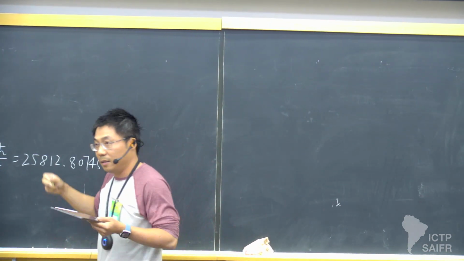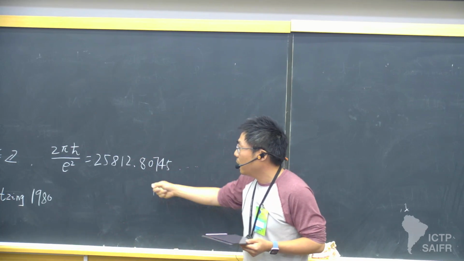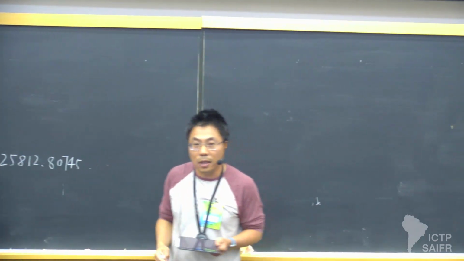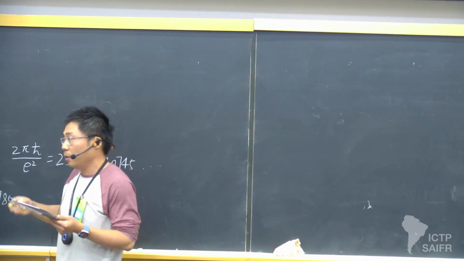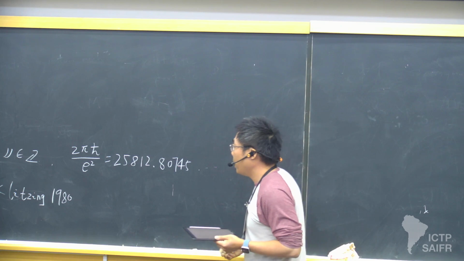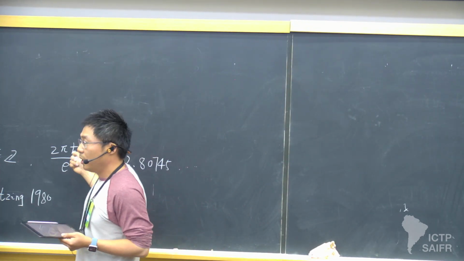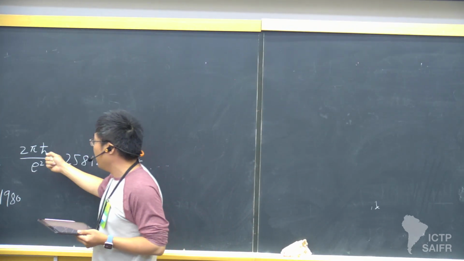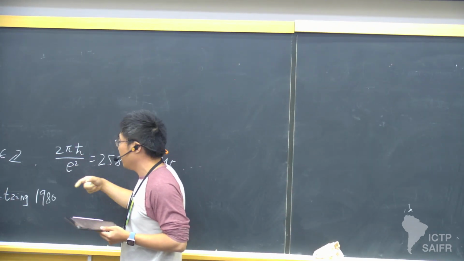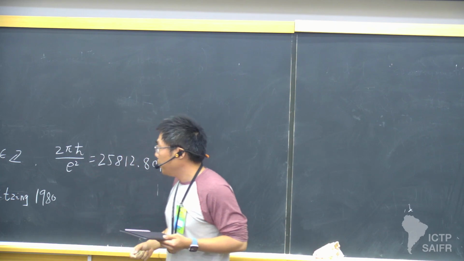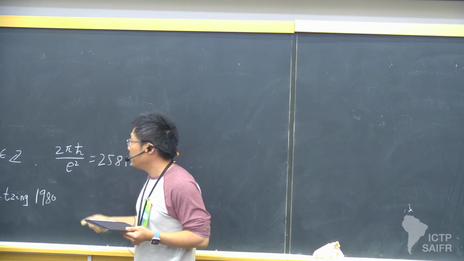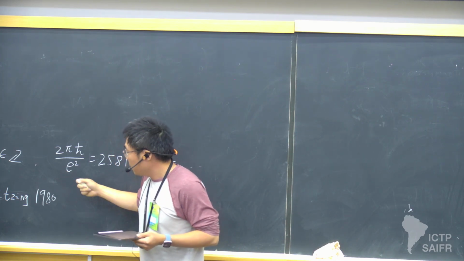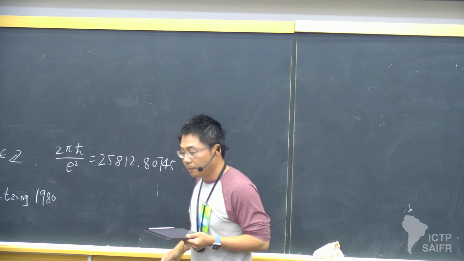There are many digits that people can measure for this phenomenon, and indeed it's one of the most precise physical quantities that human beings can measure. For a while, I think this method was used to determine the value of the Planck constant. But if I remember correctly, nowadays there's another way to give a more precise evaluation of the Planck constant, and this Hall resistance becomes the canonical way to measure the electric charge.